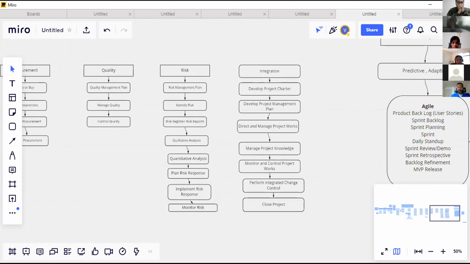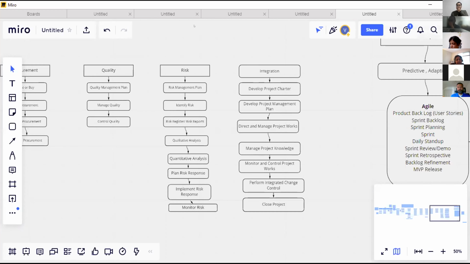Yes. Then within this risk management plan, we basically identify the risk. Once we have identified, we make a register for all these risks, and we make a risk report out of these risks. Then we perform various kinds of analysis in order to categorize the level of these risks, like qualitative analysis, quantitative analysis, and then we plan the responses for these risks.